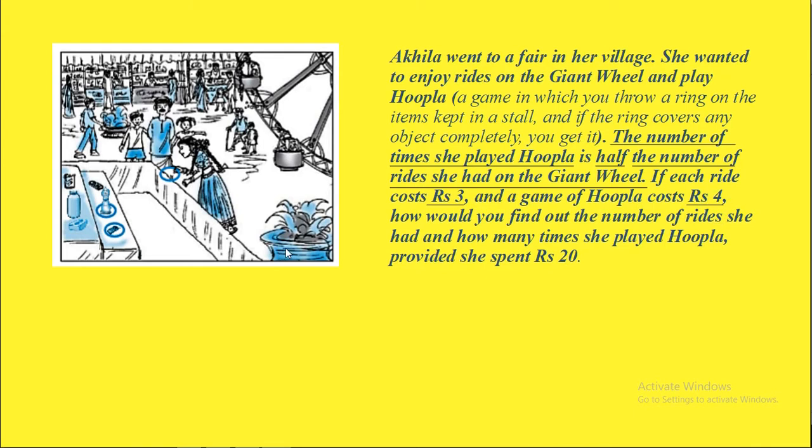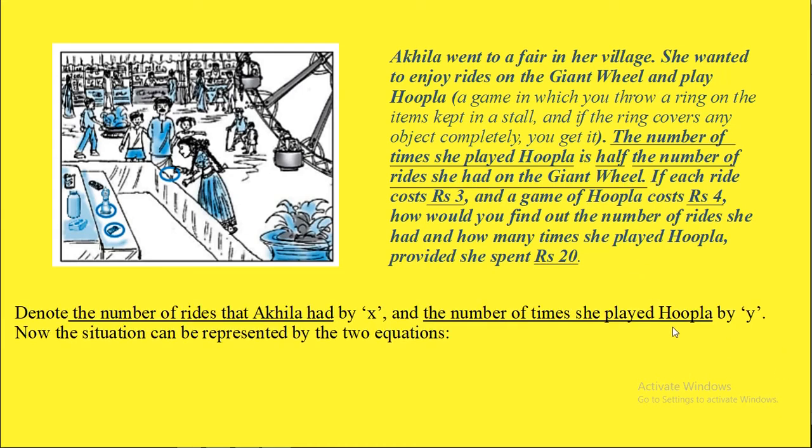And next we are given that the total rupees she spent to play both the games is 20. So we can take the number of rides she had on the giant wheel as x, and the number of times she played hoopla as y.